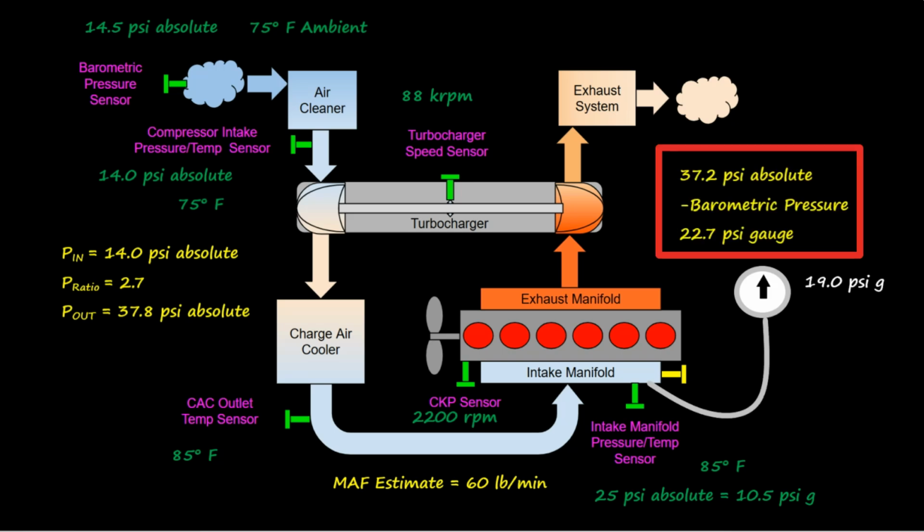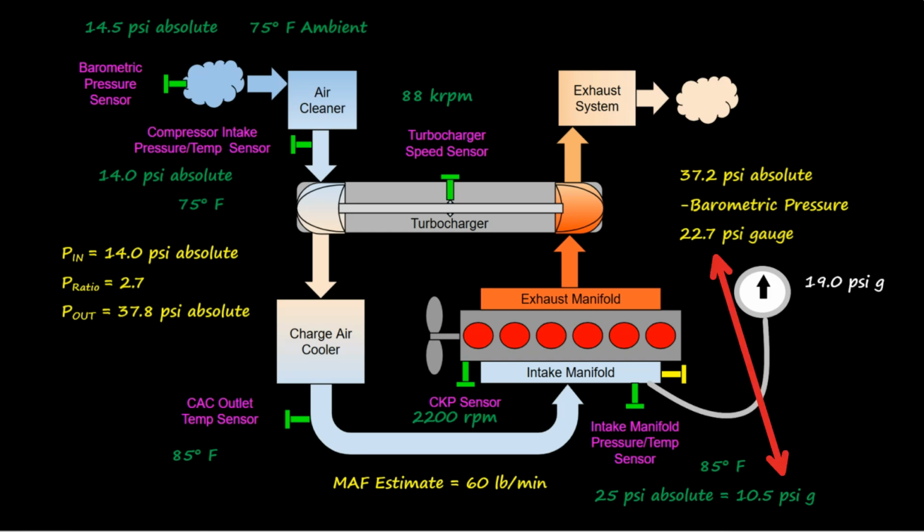If we compare this 22.7 psi gauge estimated manifold pressure to the MAP sensor measured pressure of 10.5 psi gauge, we can see that something is definitely wrong. We really can't determine what the problem is until we compare the MAP sensor measured gauge pressure to the value displayed on the physical pressure gauge.